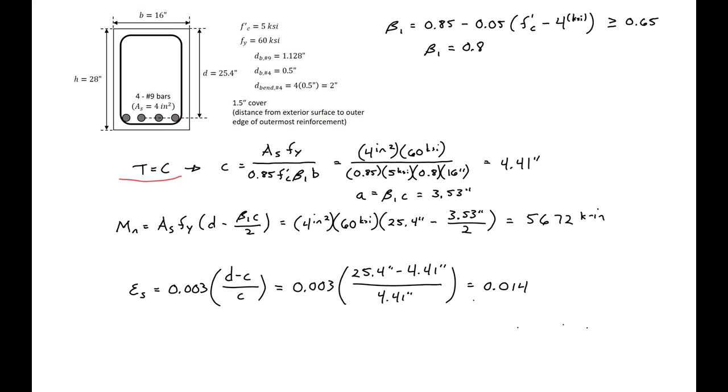This is much greater than our tension controlled limit and will be out in our yield plateau region, and maybe even the strain hardening region. So we're okay here. We also need to check our MN required, which was 5,660 kip inches. We can see that our MN provided is greater than our MN required, so we're okay here as well.